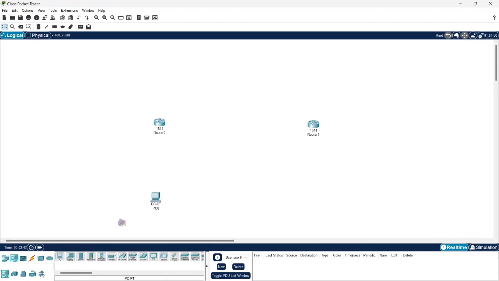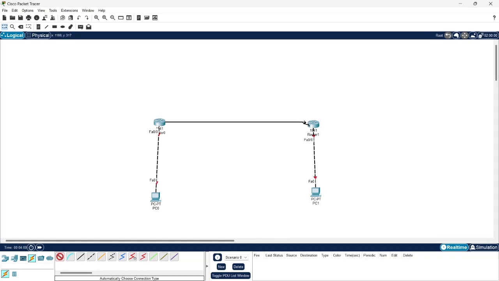We need two PCs in this topology. After that, we're gonna connect the PC to the router, and then from the router to the router. Okay, so this is the topology.